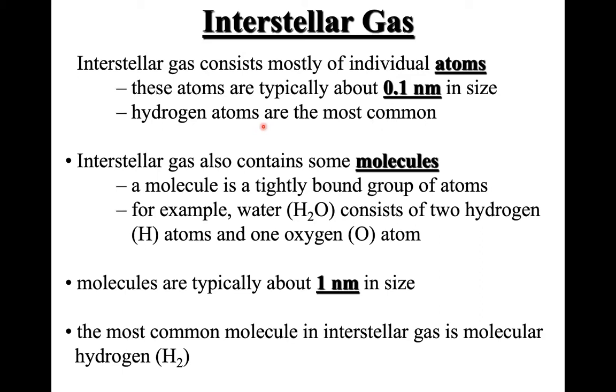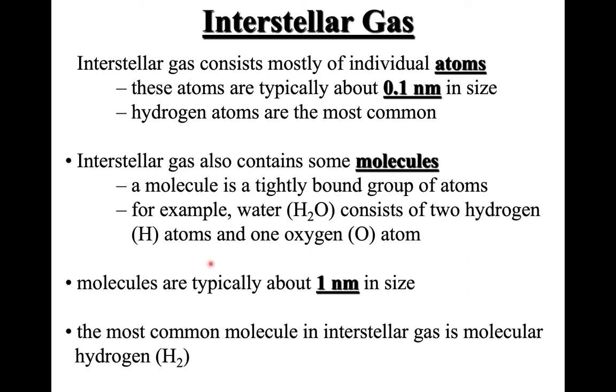And the gas contains some molecules. These molecules are tightly bound groups of atoms. As an example, water, which is H2O, is a molecule, right? I am just introducing molecules, and you probably already know about that.